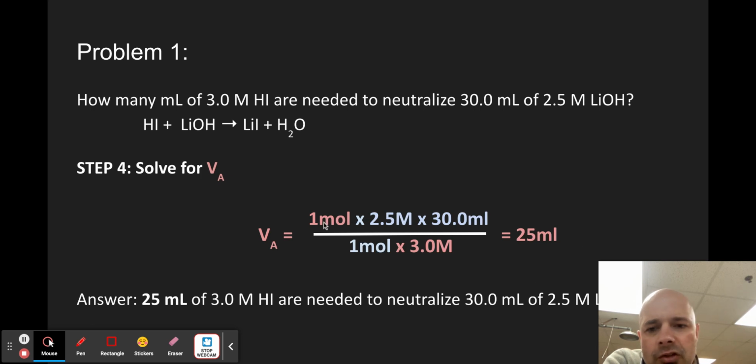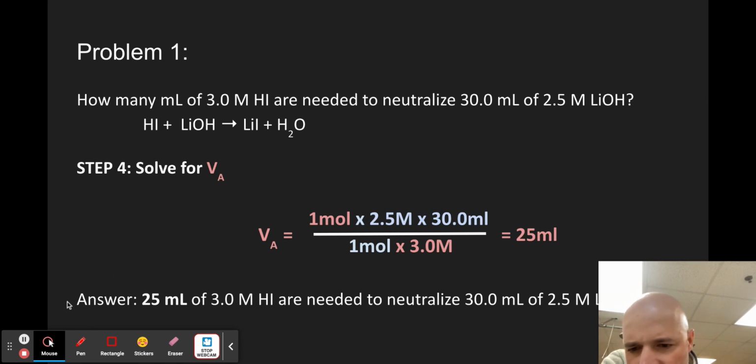I like to isolate the unknown variable, VA. It's a good skill to have. If you ever take college math or physics or chemistry, it's just going to be a useful skill to have. So basically, that's how VA would look isolated.